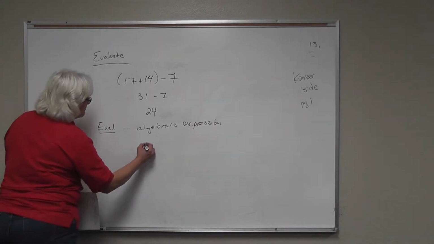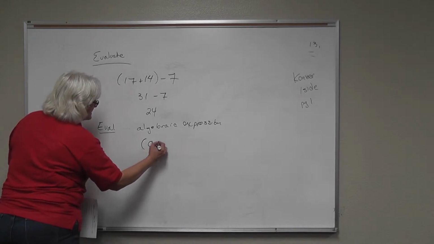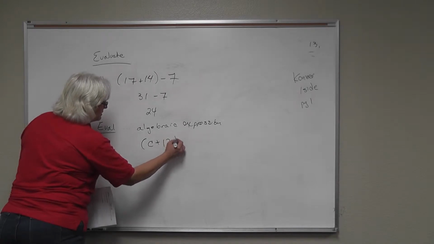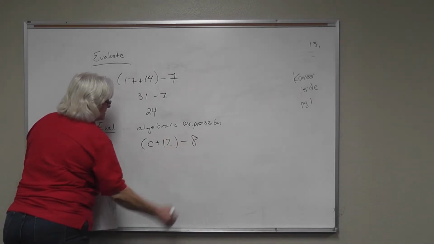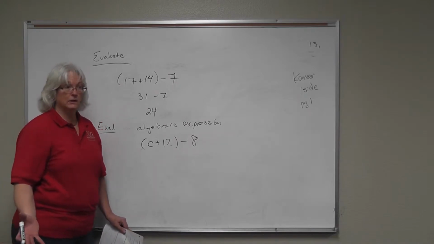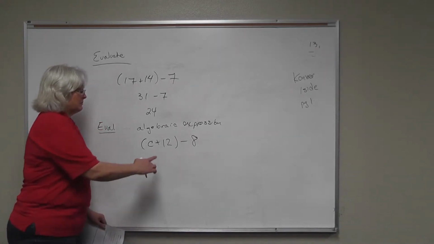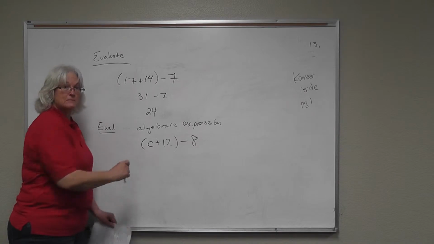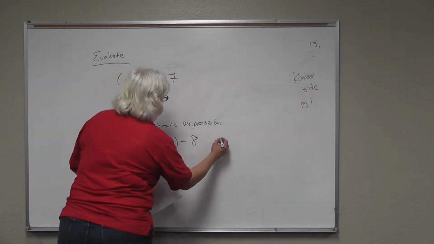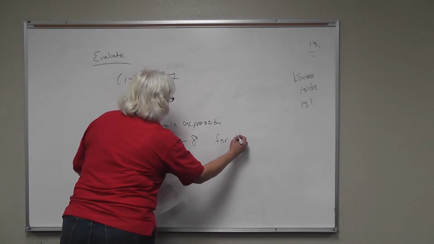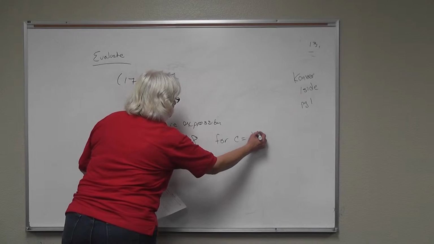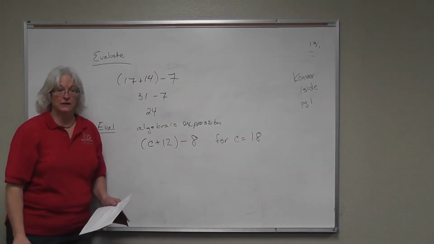They're going to say evaluate C plus 12 minus 8. Now can you do anything with that right now? Not really, because you don't know what C is. So as part of your problem, they're going to tell you what value C is going to have. And here, C is equal to 18.